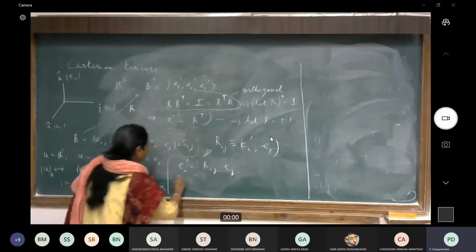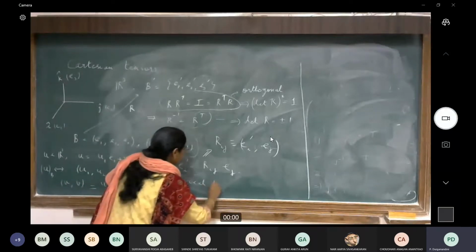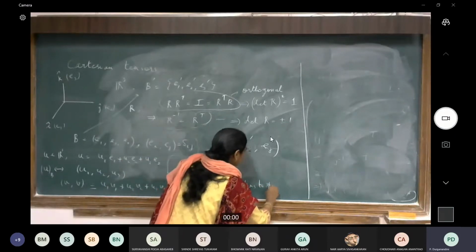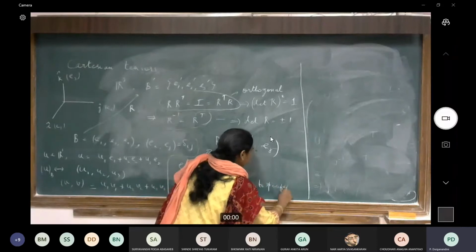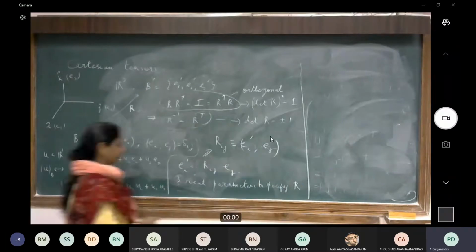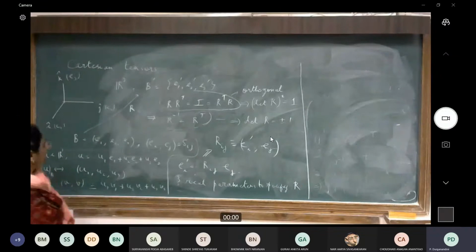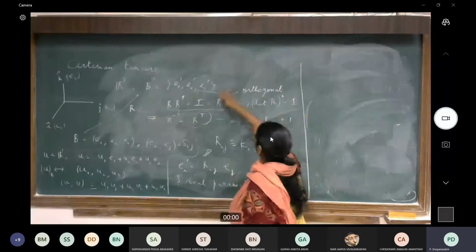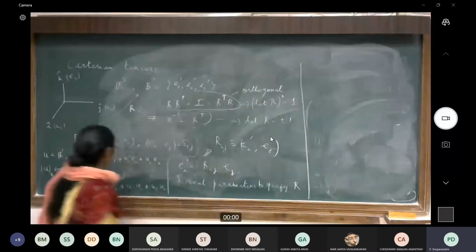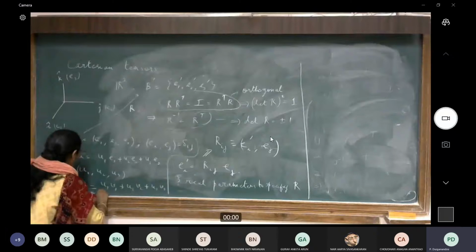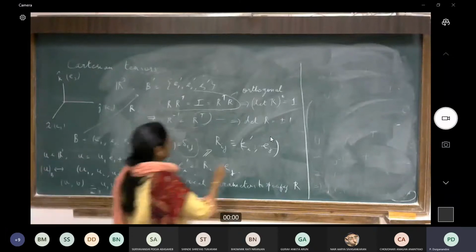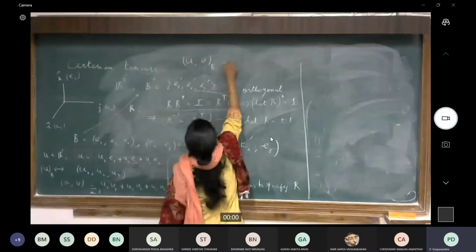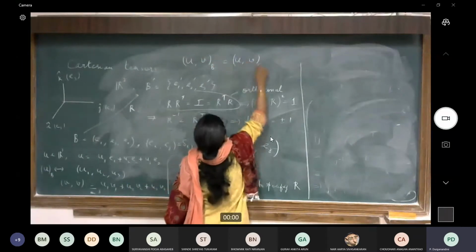So I really require only 3 real parameters to specify my rotation, or to specify R. In particular, the fact that I'm preserving the inner product, because I said this should be the same as U prime, V prime. So a rotation transformation is such that the inner product of U and V is the same as that of U prime and V prime.